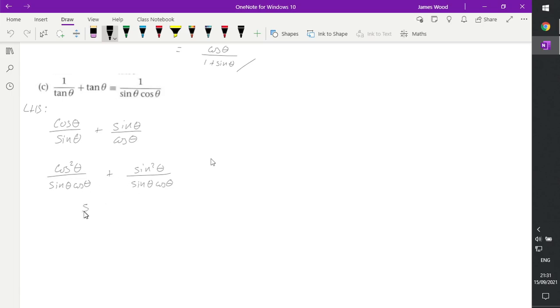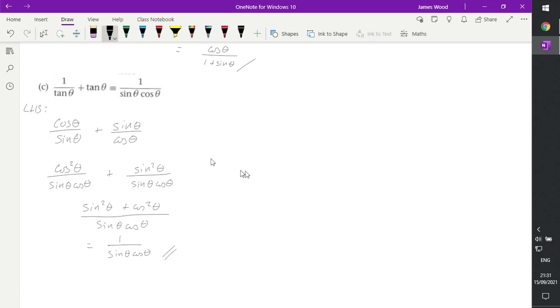Now if I combine these together, I'll get sine squared theta plus cos squared theta all over sine theta cos theta, and hopefully you've now spotted the top of this fraction will just become 1. There we go, that one was a bit nicer.